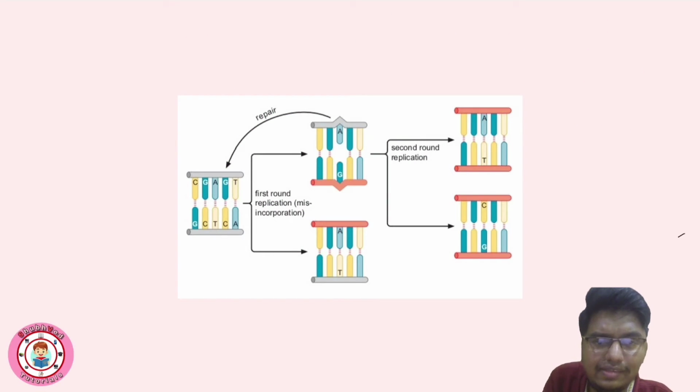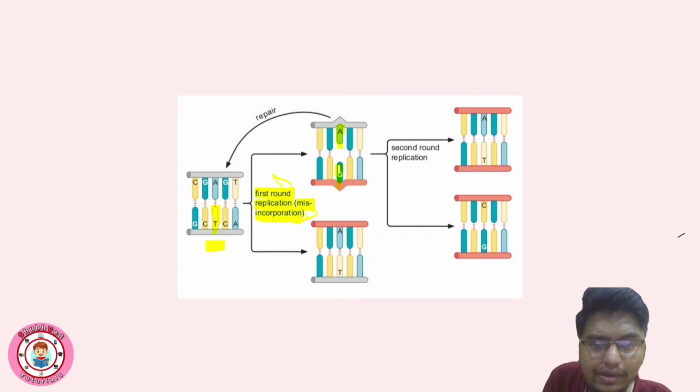This is just an example. We can see here the parental strands. The first round of replication incorporates incorrect nucleotides, a misincorporation.